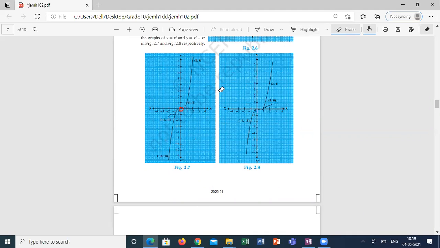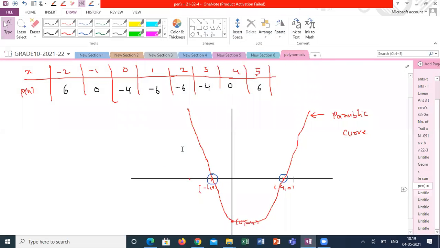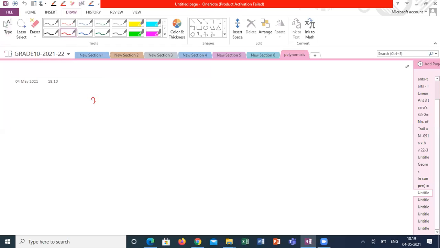Sir, can you repeat again, sir? Only one real number is a zero of the polynomial. Suppose I am considering x cube minus 1 is equal to 0. This can be written as (x minus 1) into (x square plus x plus 1). Correct? Yes, sir. So this can be 0 or this can be 0.